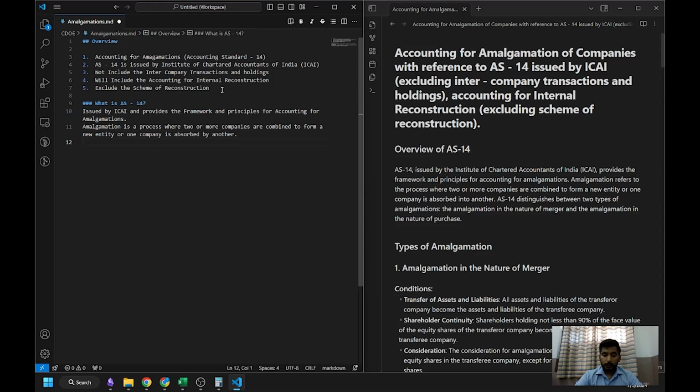Okay, so AS14 distinguishes between two types of amalgamations. That is the amalgamation in the nature of merger and the amalgamation in the nature of purchase.